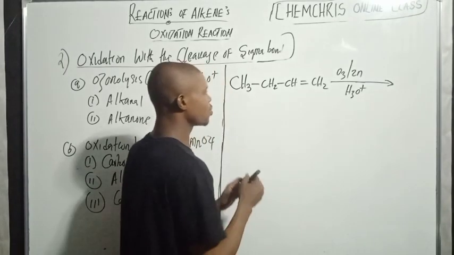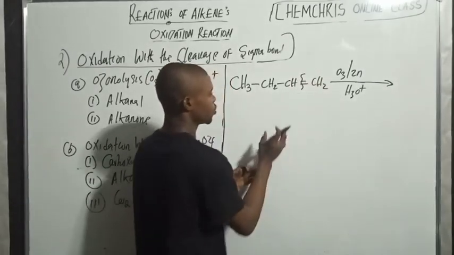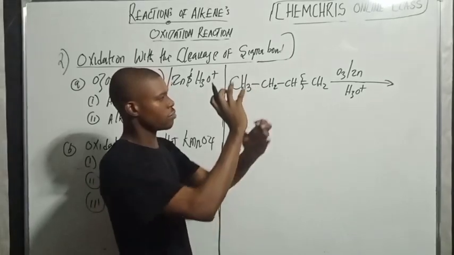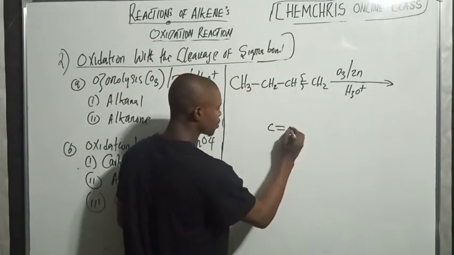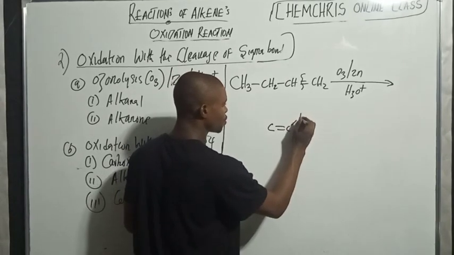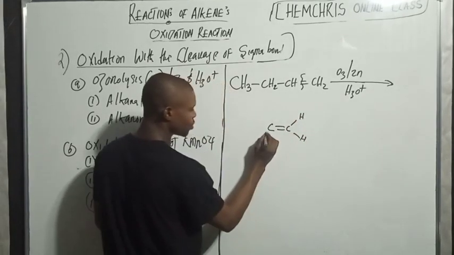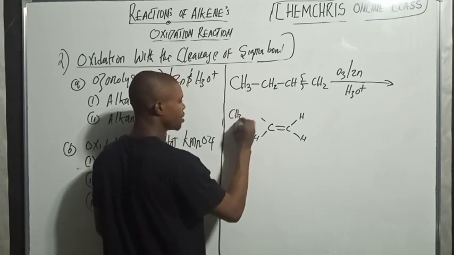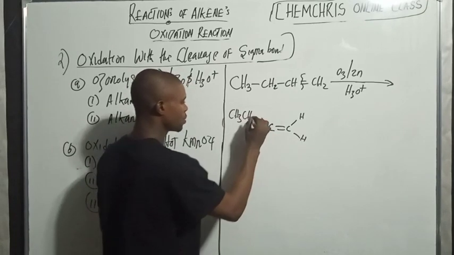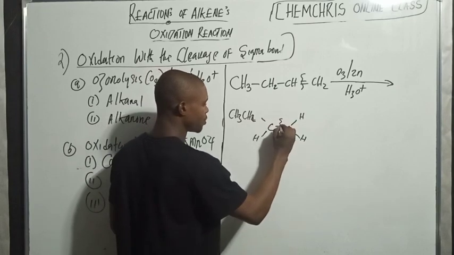And it will always break from here. So now I'm going to write this so that you will understand it better. Here we have a carbon, double bond, carbon. This carbon has two hydrogens. Now this one has CH3, CH2, right? So now you're going to break from this point here.